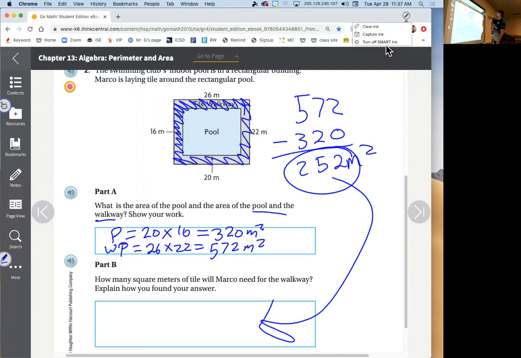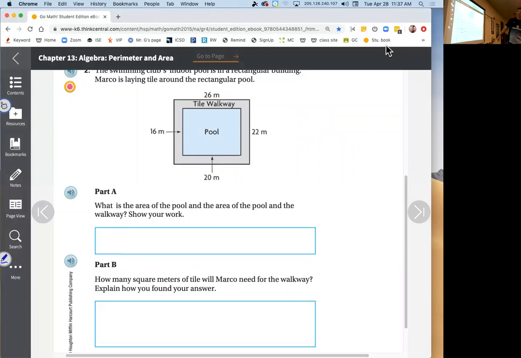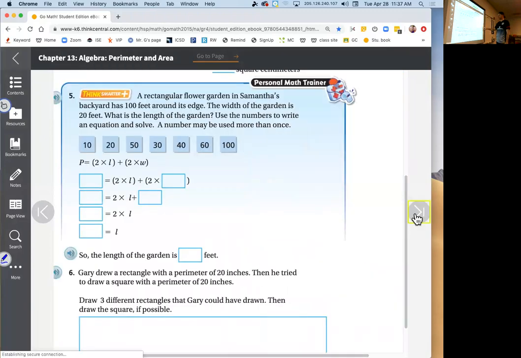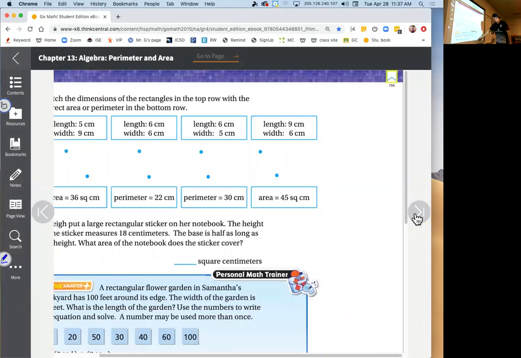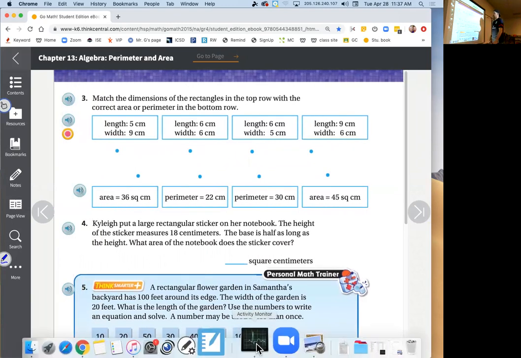Okay, the next one I wanted to work on is 6. So let's jump over to 6. But let's just talk about number 3 really quick. All you're doing is perimeter or area. It's right there. So this is an area, so it's got to be width times length.